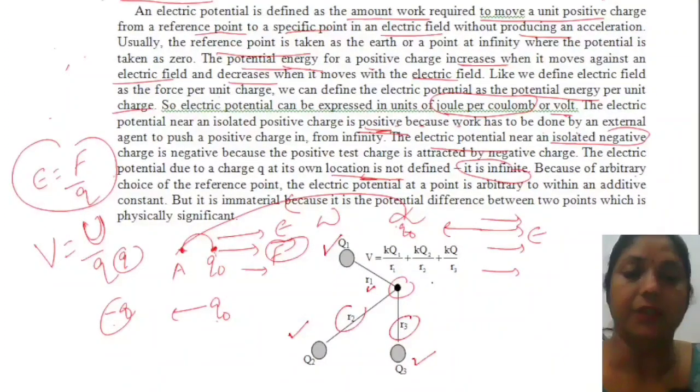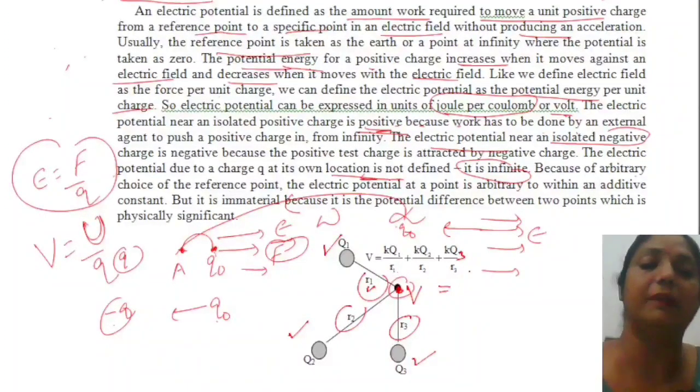As you know, potential is a scalar quantity, so the total potential is just the addition of the potentials due to all these individual charges. So the total potential V is equal to KQ1 by R1 plus KQ2 by R2 plus KQ3 by R3. This is the total potential at this point due to all these charges. We simply add these potentials as potential is a scalar quantity.